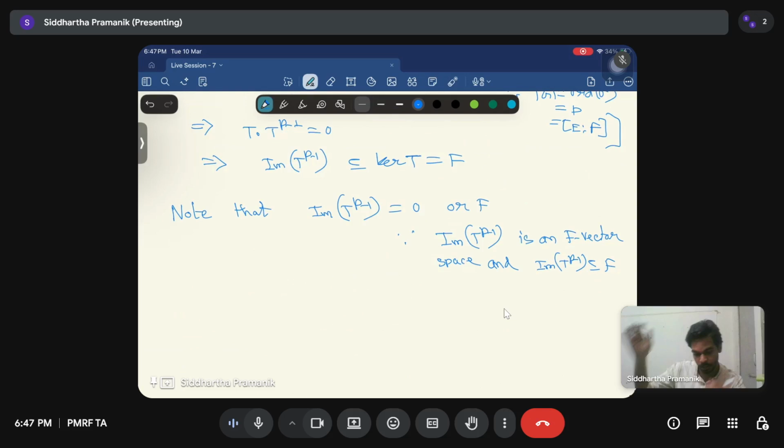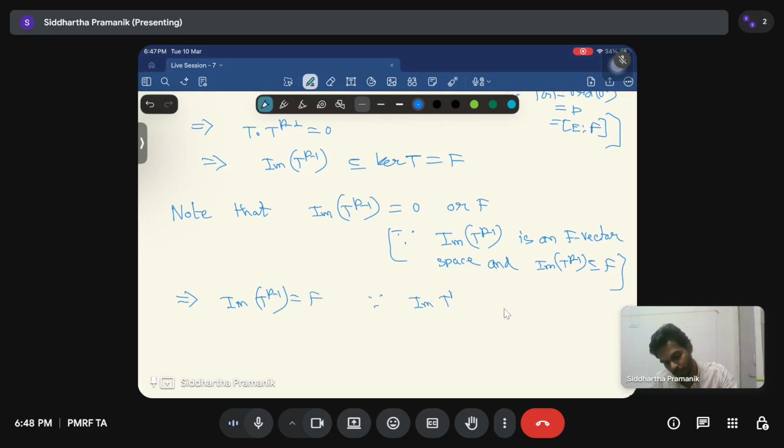It cannot be 0. So this will imply the image of T power P minus 1 is equal to F. Why? Because the image of T power P minus 1 cannot be 0.